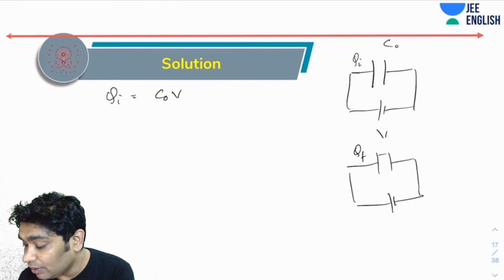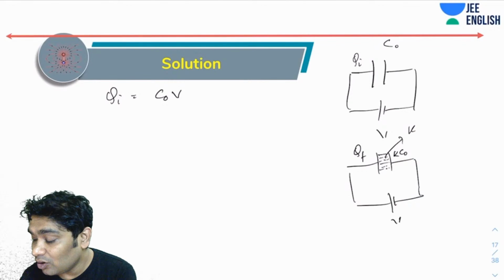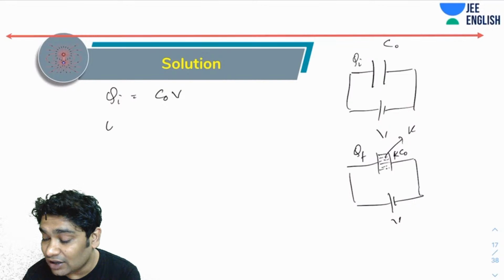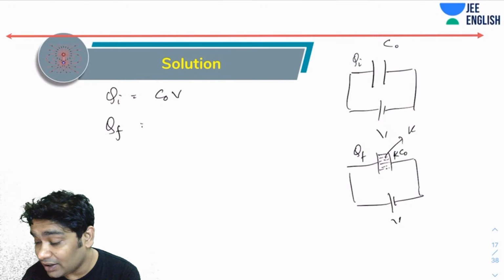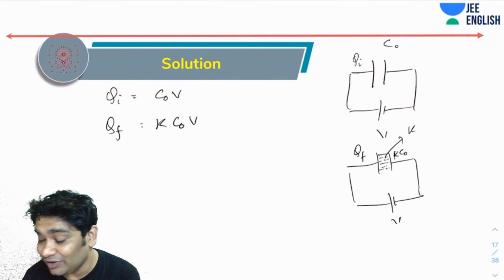Now the capacitance would become K times C0, so the final charge, Q final, would be K times C0 times V.